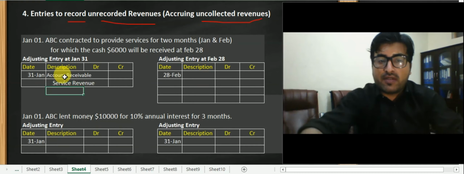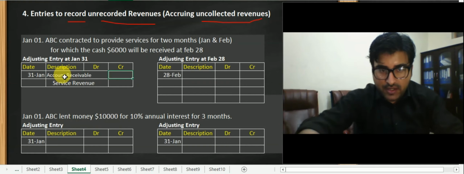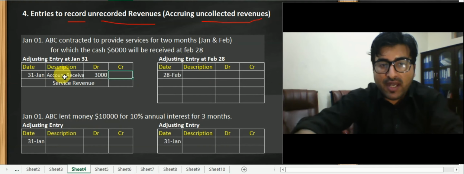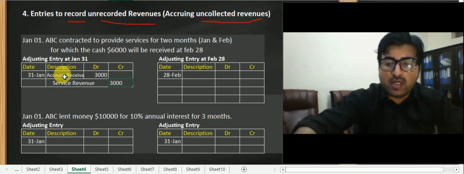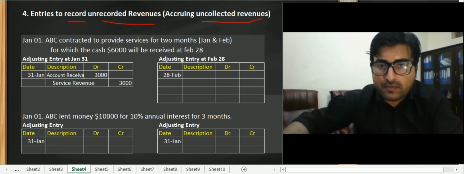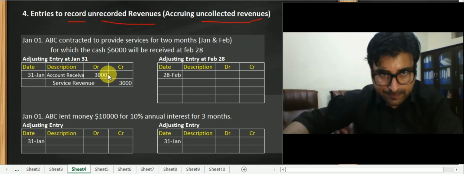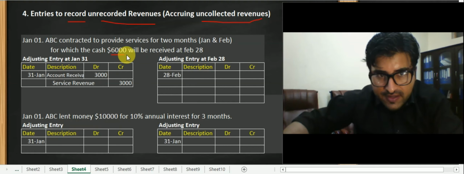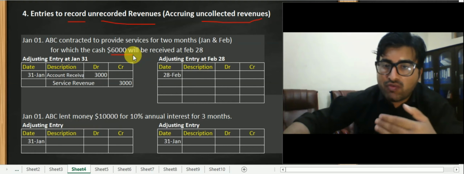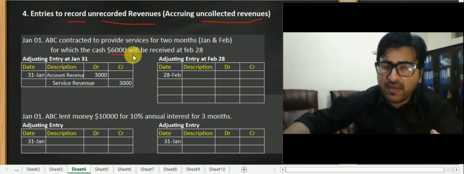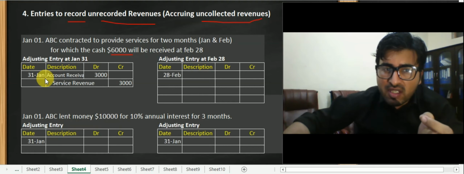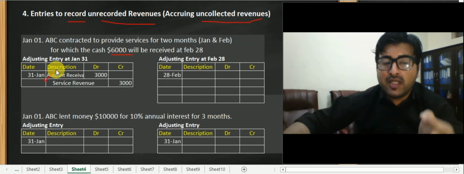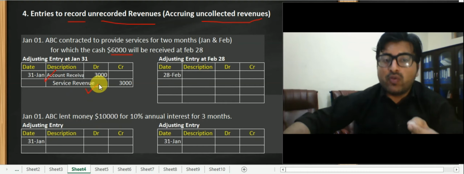This is service, right? How much? 3,000. Why 3,000? Because here is $6,000 you have contracted. 1 month of service you have provided, then you have earned 3,000. So you are not yet receiving, so you are debiting account receivable, an increase in asset, and your revenue increases.